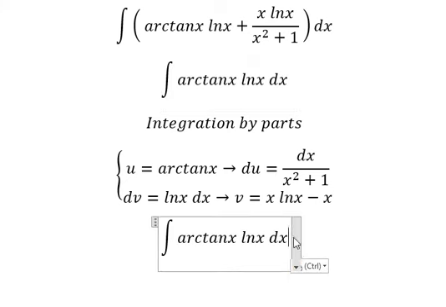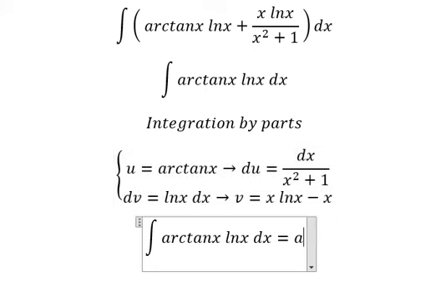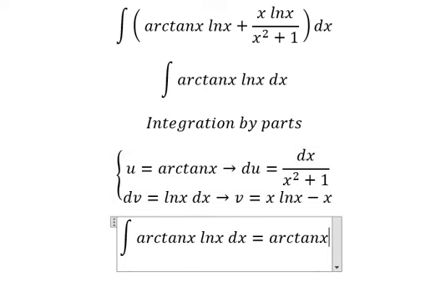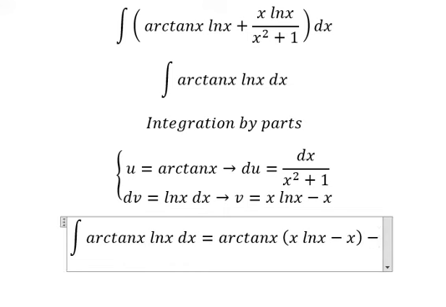Now we have u multiplied by v minus du multiplied by v.